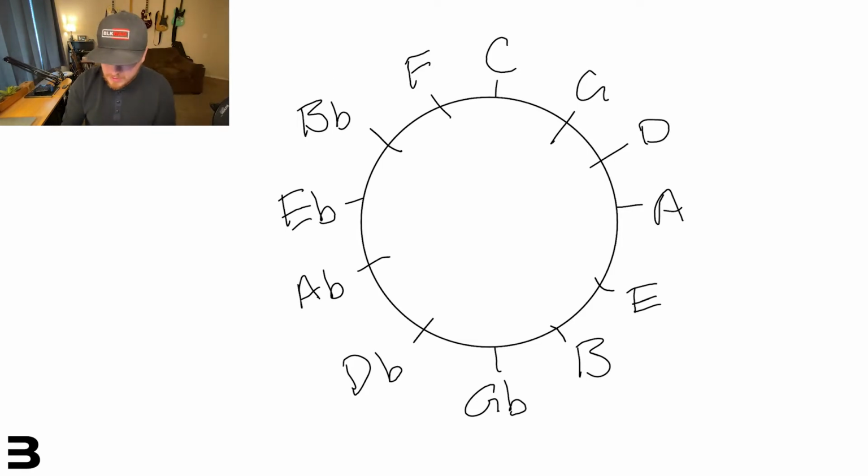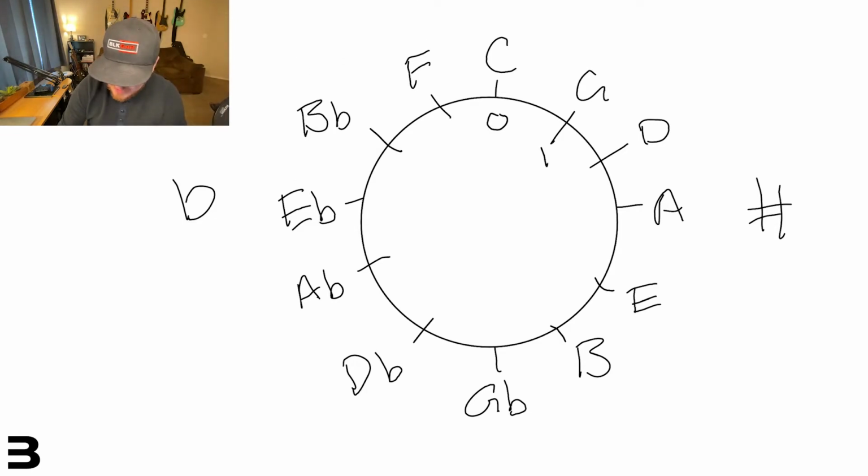So what we're going to do is split it right down the middle. Everything on the right side is going to be sharps, and everything on the left side is going to be flats. So if you're taking, for example, let's start with C. C has 0 sharps and 0 flats in it, the key of C. G has 1, D has 2.